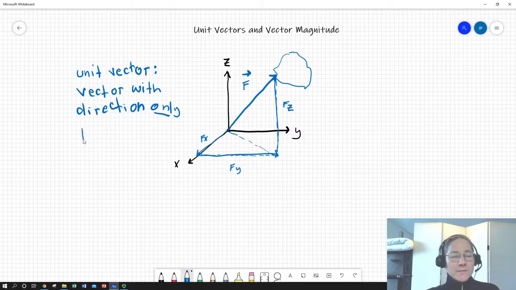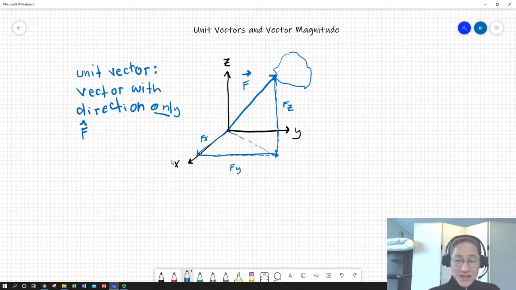The symbol we use to denote a unit vector in a given direction is a little caret hat. So F with a little caret hat means in the direction that this vector F is pointing, but no magnitude, and no units, no newtons, unit vector, just one.